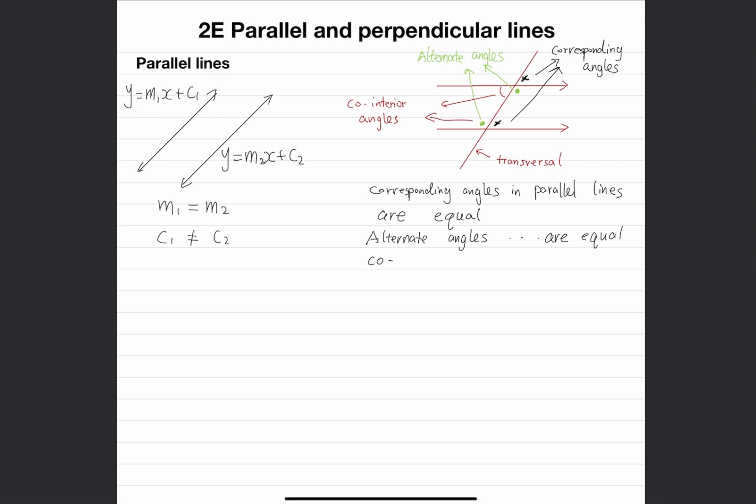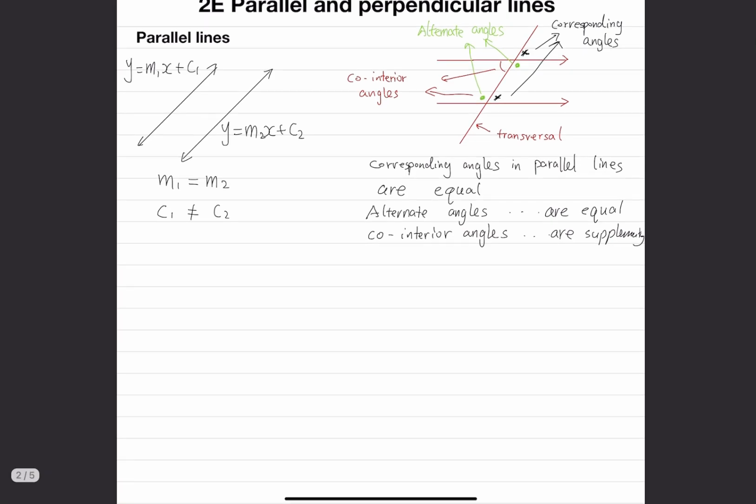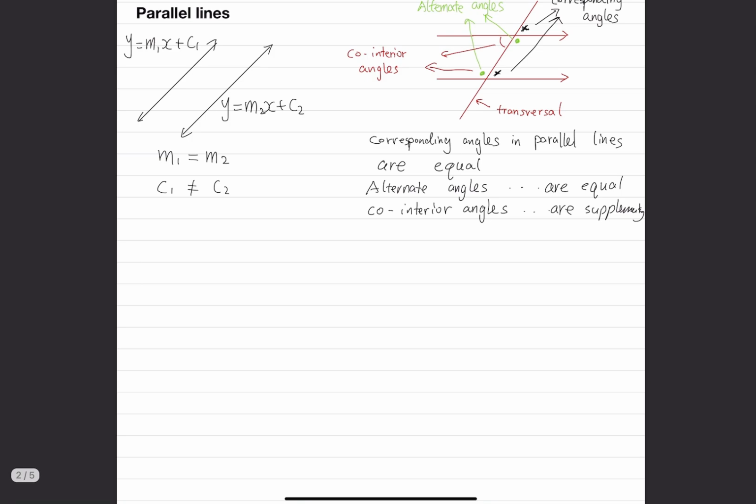As for co-interior angles, they are not equal. But what are they? They are in a supplementary relationship. So since we know that, we're going to try to prove that the gradients in parallel lines are equal.